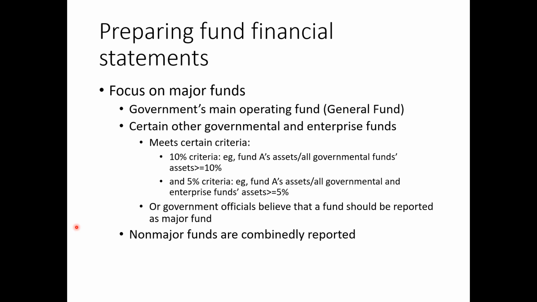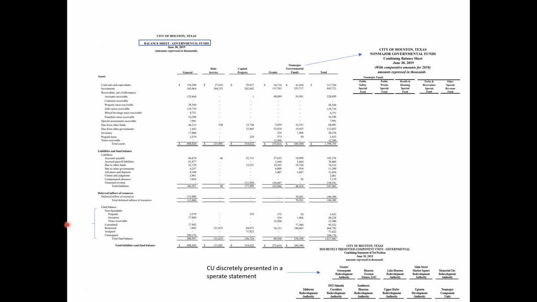All right. So this is an example of how we report governmental funds. This is a balance sheet, and we know it's for the governmental funds. These four columns are four major funds, including the general fund, debt service fund, capital projects fund, and the grants fund.